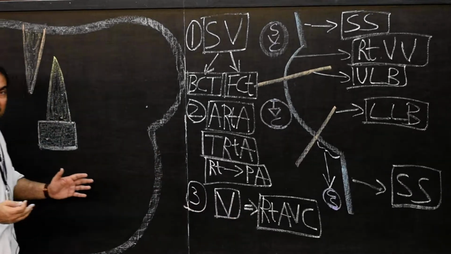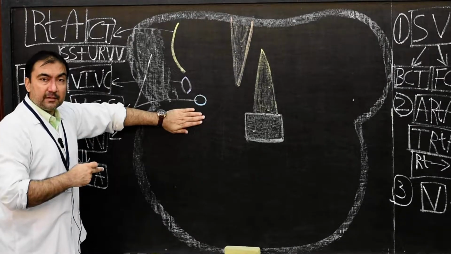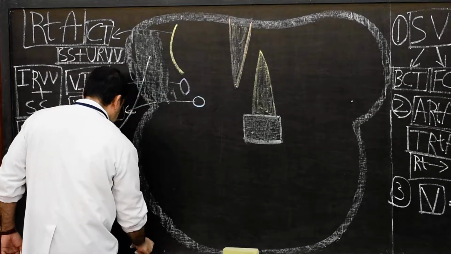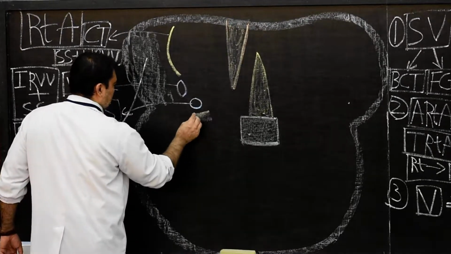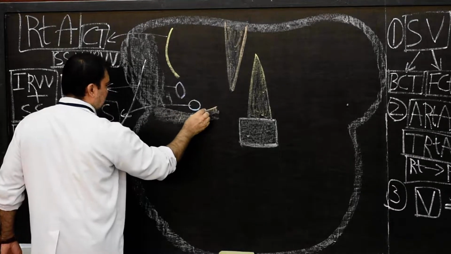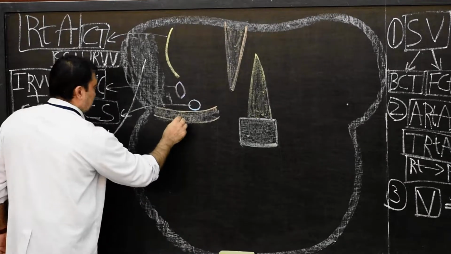Therefore, where my hand is, this is the most ventral part of right atrium. Here I will just give orange color. This is the most ventral part of the right atrium.